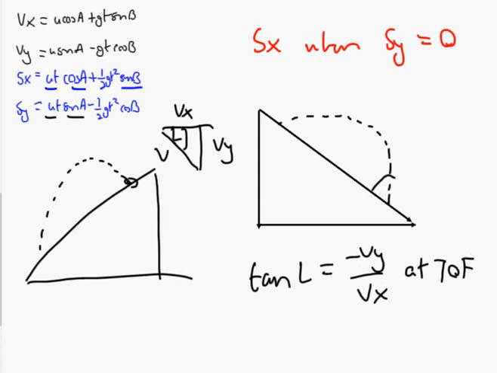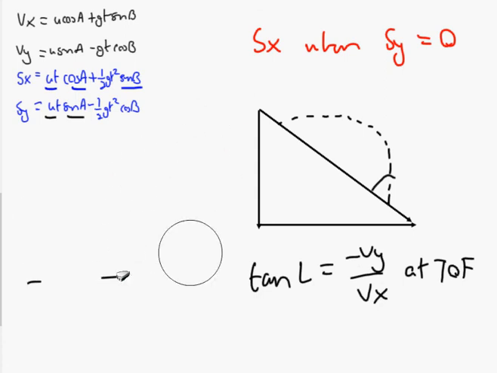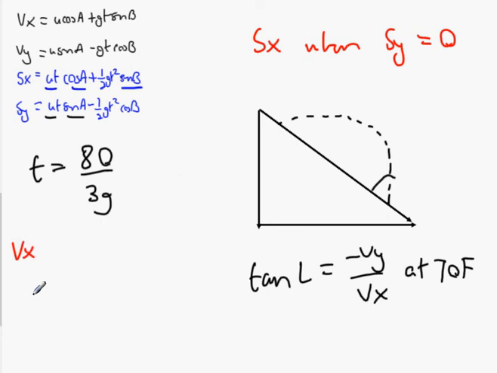Okay, so what we're looking to do here is find Vy and Vx at the time of flight. Now, we already got the time of flight earlier, didn't we? We got it in the last question, it was 80 over 3g. We're now going to put this into the Vx and Vy equations. Now, the Vx equation becomes u cos alpha. U cos alpha we all know is 16, plus g sine b.